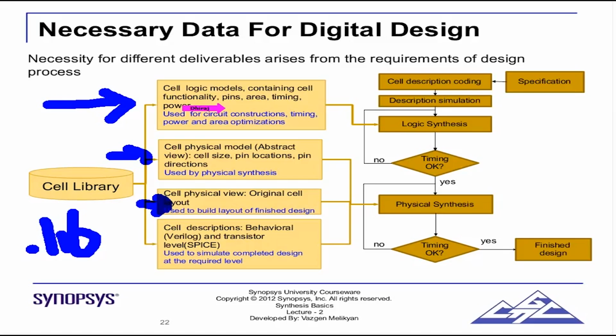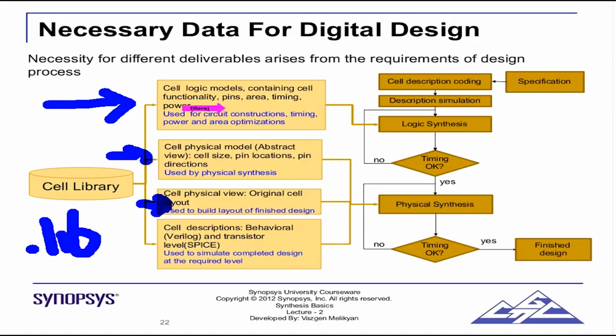So a standard cell will have a .lib model, a Verilog model, a layout model, and an abstract model which tells what is the cell size and pin location. Where are they used? In standard cells, the cell description coding specification is obviously used.